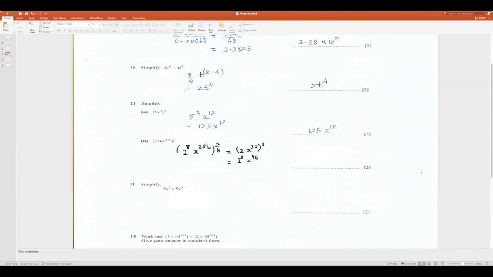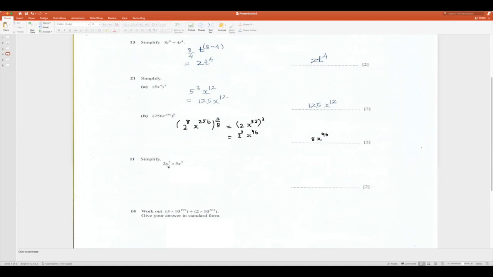This 8 times 32. So then 3 is there and 2 to the power 3 times 96. 2 to the power 3 is 8. 8 times 96. Simplify. Base is same, the indices add: 2 into 5, 10 to the power 2 plus 5, 10 to the power 7.